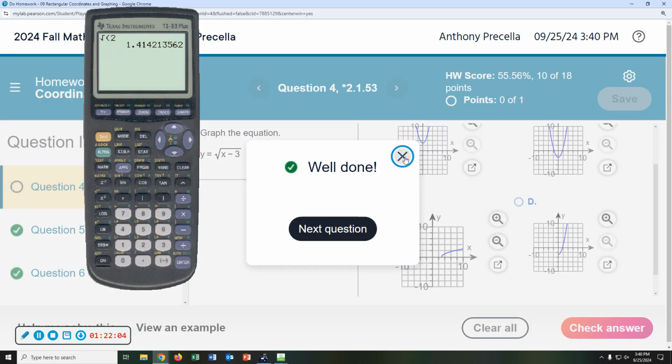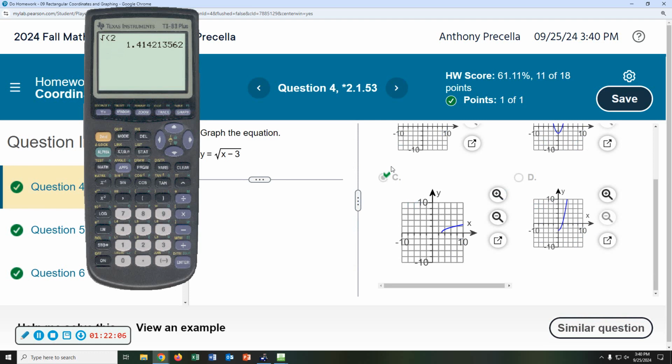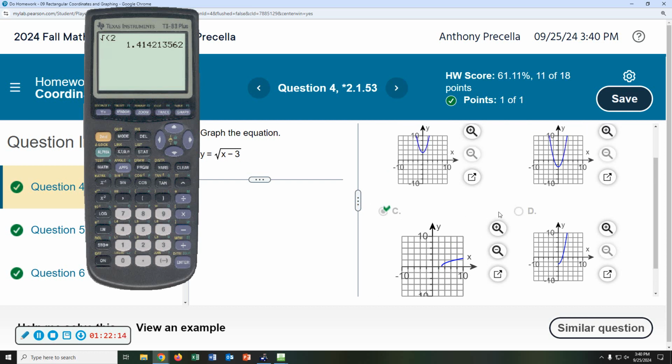Any questions on why I chose C? You just plot enough points to see what it looks like and choose the picture that's closest to the one that you got. The absolute values are V-shaped. These square roots have a definite starting point, and then it just goes up slowly.